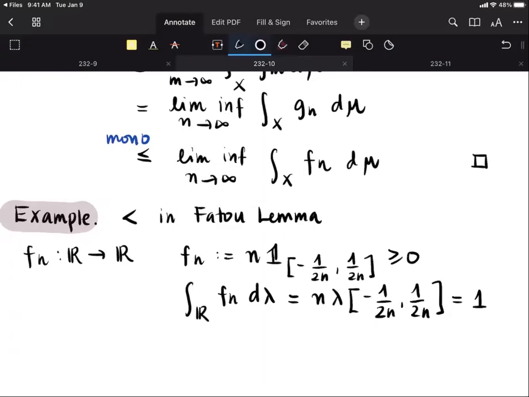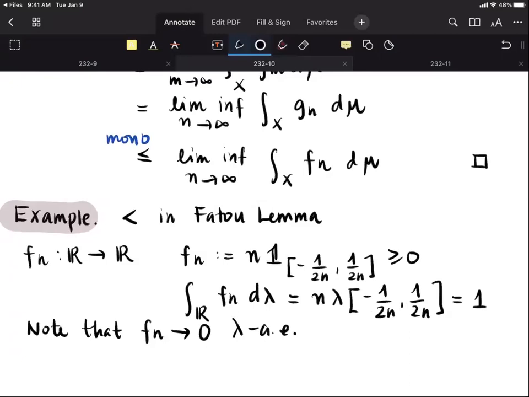On the other hand, we can say that f sub n tends to 0 mu almost everywhere, or lambda almost everywhere, since this is true except on the point where x is 0.